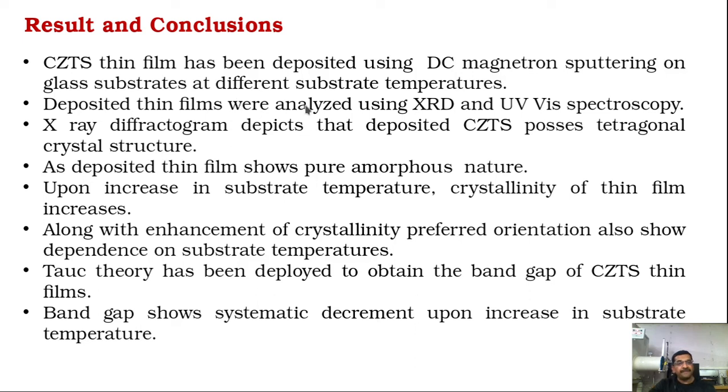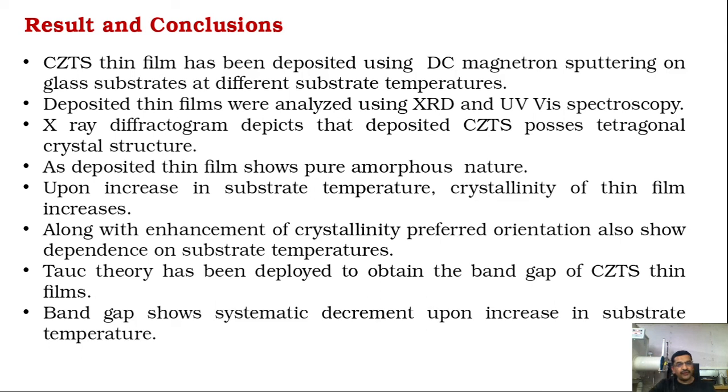Number 1, in this investigation, CZTS thin films have been deposited using DC magnetron sputtering on glass substrate at different substrate temperatures. These deposited layers I have analyzed using XRD and UV visible spectrophotometer.